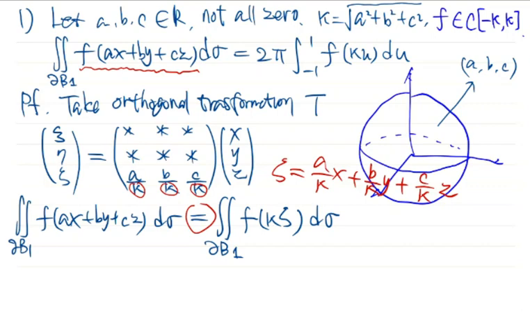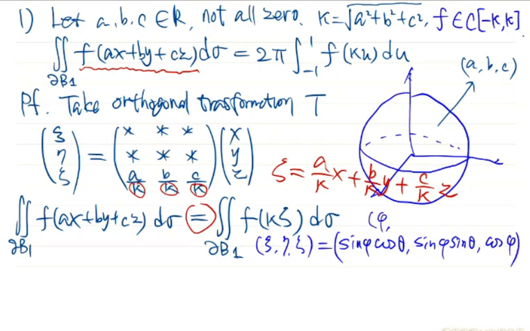The parametrization is that (xi, eta, zeta) is (sine phi cosine theta, sine phi sine theta, cosine phi), and (theta, phi) belongs to the rectangle 0 to 2 pi cross 0 to pi. This is the parametrization of the sphere.